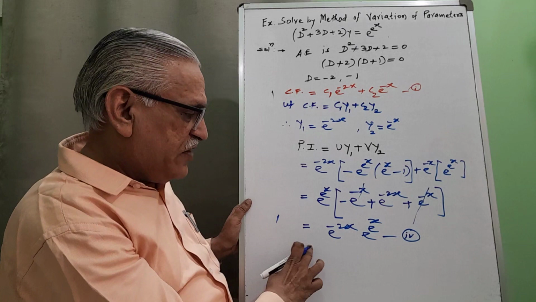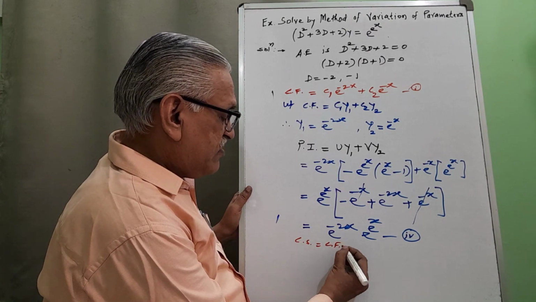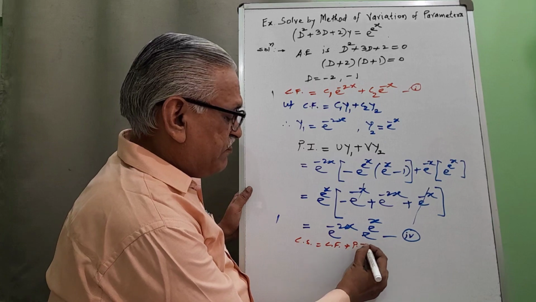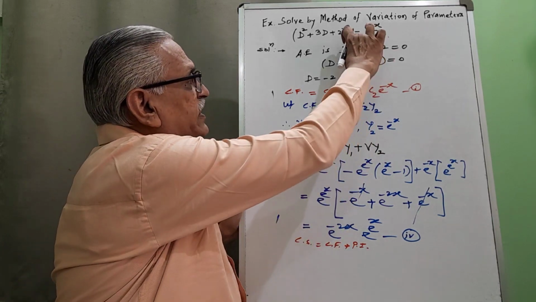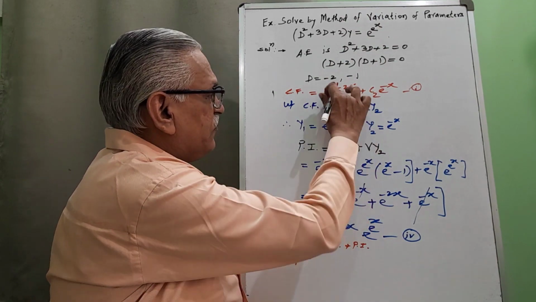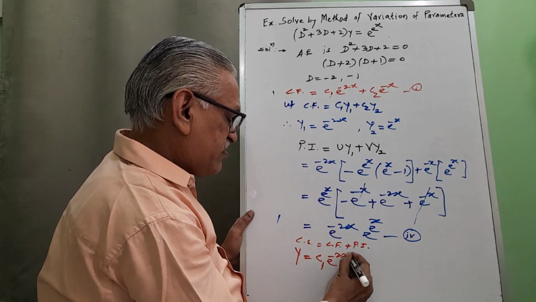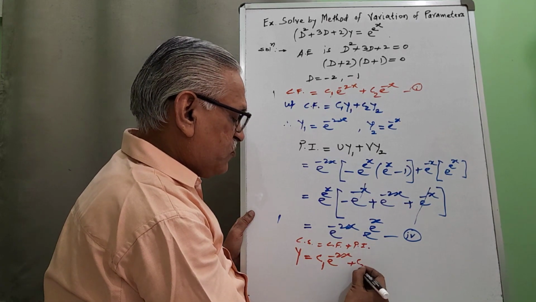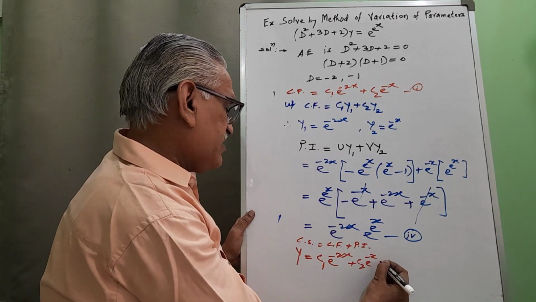Then we write down the complete solution by taking the addition of the CF and this pi, and therefore the complete solution is CF plus pi. The complete solution is always for the dependent variable, here y. CF is C1 e raised to minus 2x plus C2 e raised to minus x, and plus pi.